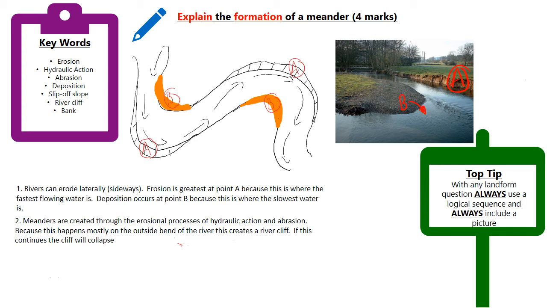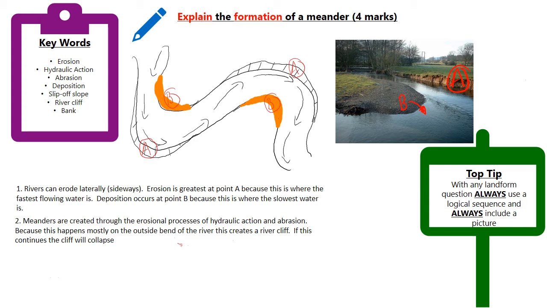So meanders, or bends, remember that's just another word for a bend in geography, are created through the erosional processes of hydraulic action. Remember, hydraulic action is air being forced into cracks by the water, so it's pressure.